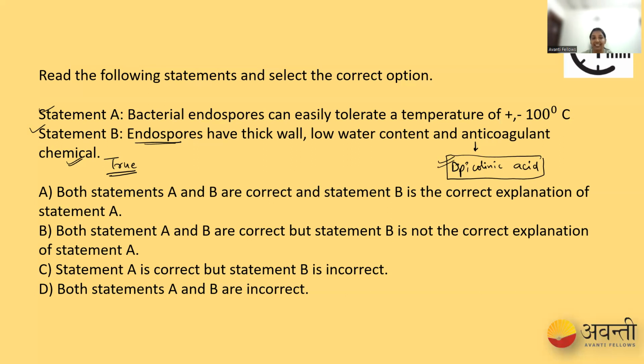So statement B says that they have thick wall, they have low water content, they have anticoagulant chemical which is dipicolinic acid because of which they can tolerate the high temperature. So statement B is the correct explanation of statement A. So the correct option would be option number A, that both statement A and B are correct and statement B is the correct explanation of statement A.